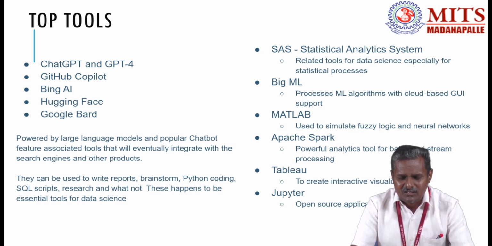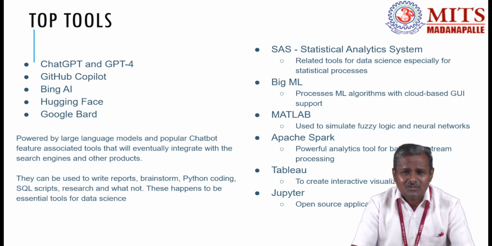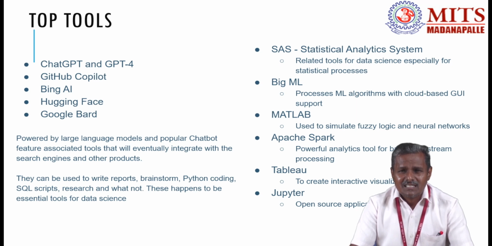Now we will see examples of top tools: ChatGPT and Bing AI. Nowadays, instead of Google search, many users prefer ChatGPT. Whenever they need information and clarification, they go to ChatGPT to search or get clarity about the content they want.